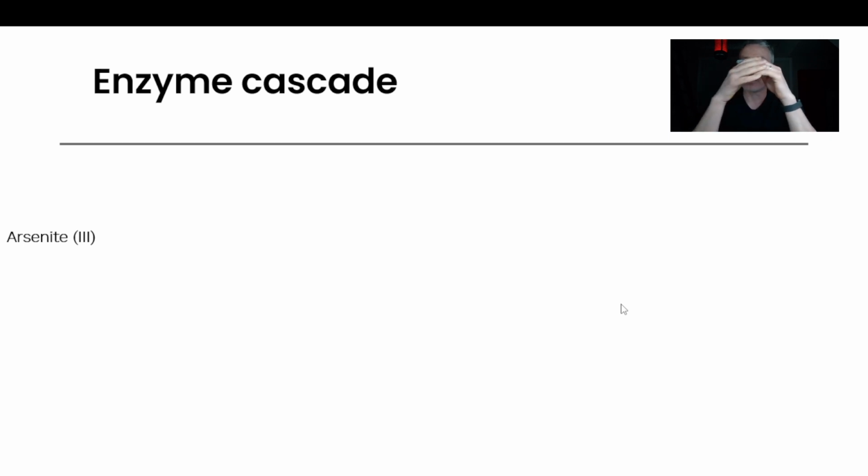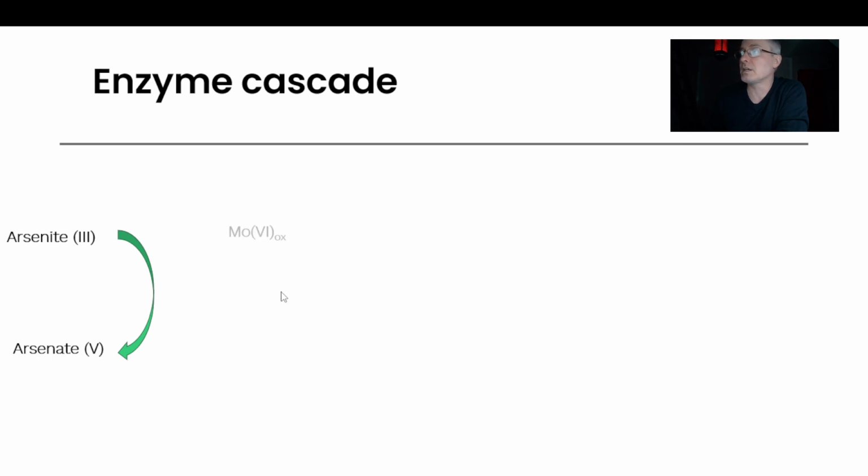Now back to the original paper. There's a slight mistake in the original paper, and I'll just bring it up now. Very small, just a typo, not a criticism of the authors, but I did notice it, so I would flag it up. They're using an enzyme, and an enzyme is always a good way of helping with specificity. They're using an enzyme to oxidize arsenite to arsenate. There seems to be a molybdenum complex in there.